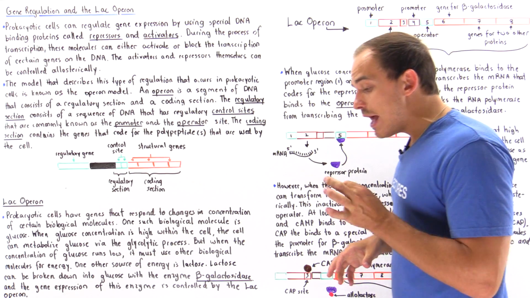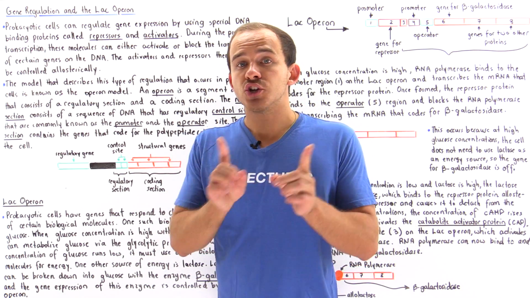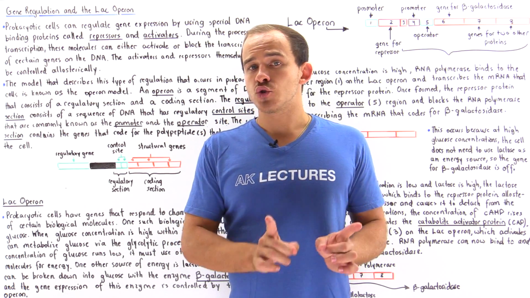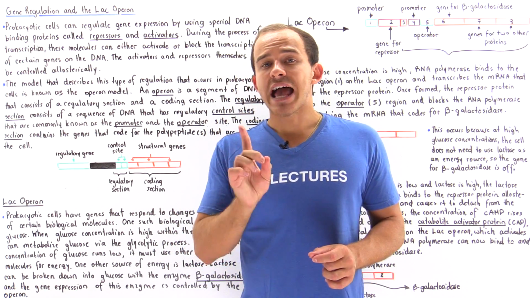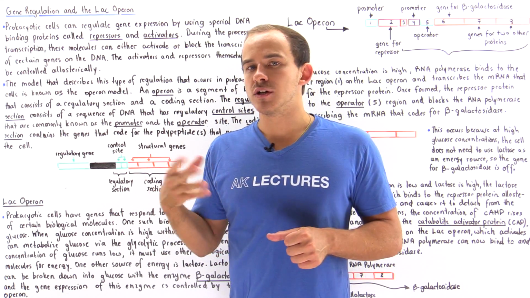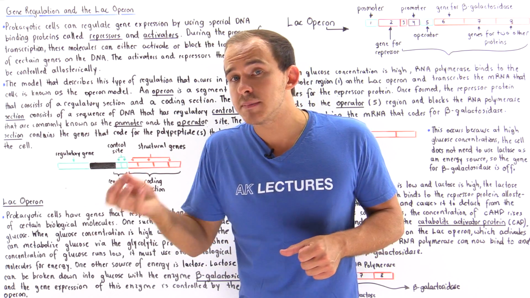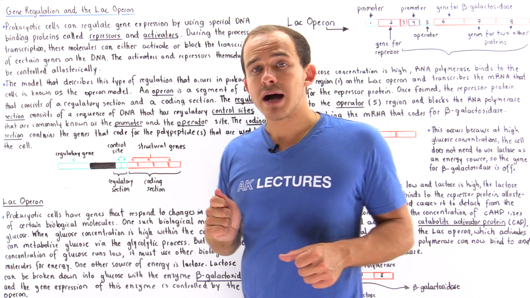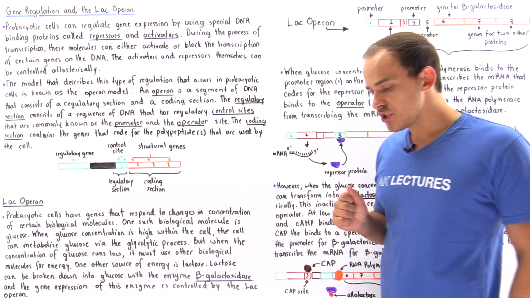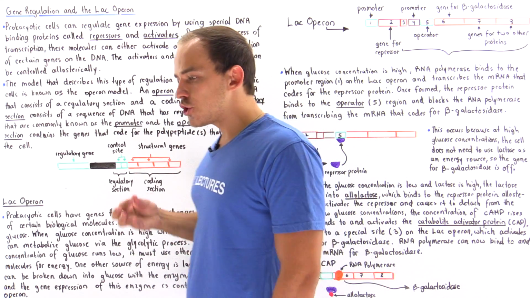However, what happens when the glucose concentration is low? When the glucose concentration is low, the cell must actually metabolize some other type of biological molecule, and one other common type of biological molecule that the cell metabolizes is lactose. So lactose is a sugar molecule.